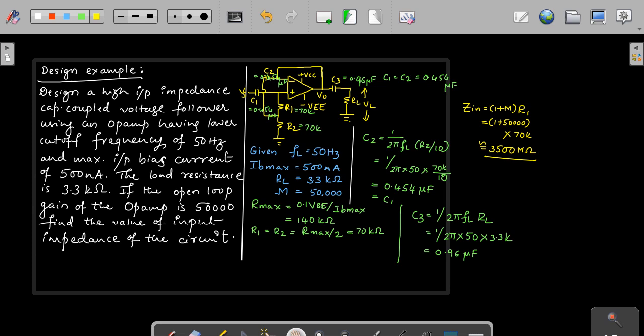You may have different values of M, you may have different values of RL. Whatever the given value, you should be able to substitute them in the concerned formula and calculate what is asked in the problem. So this is about the design of the high input impedance capacitor coupled voltage follower circuit.